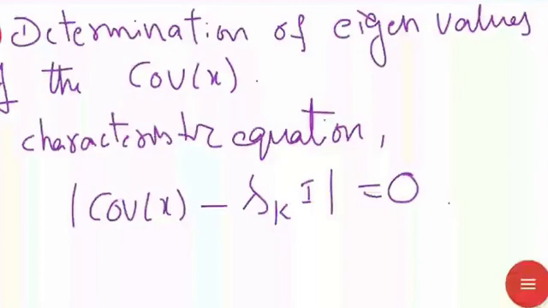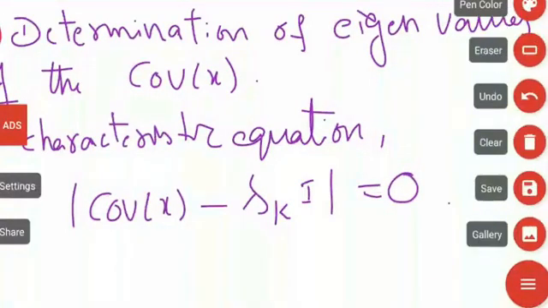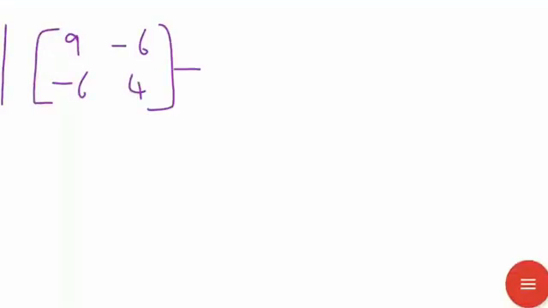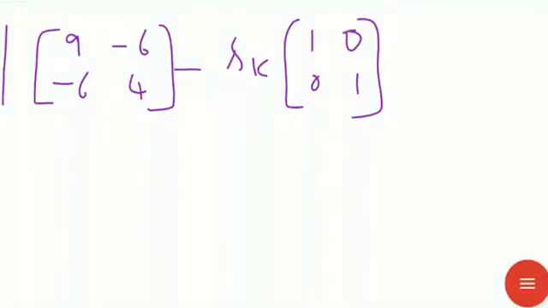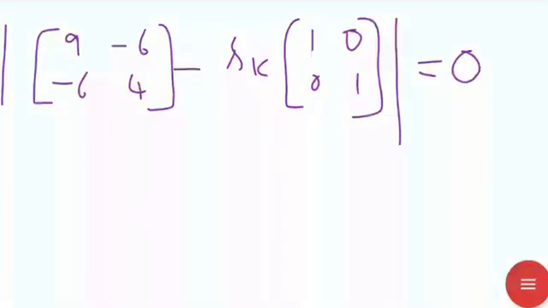It's okay. So now here, substitute all the values in this determinant. What is the covariance matrix? This one minus lambda k, and take the same size of identity matrix as the covariance matrix, that should be equal to 0. Okay, simplify this one.